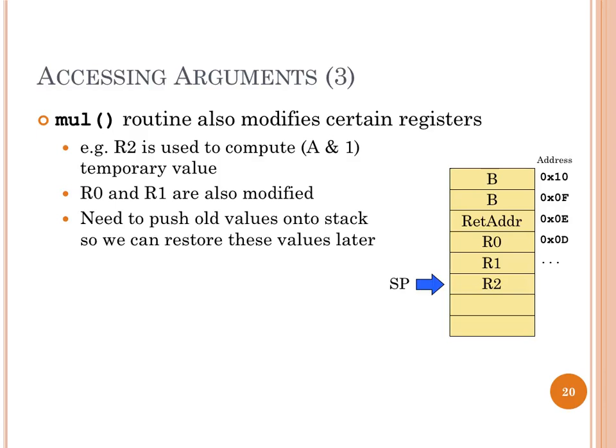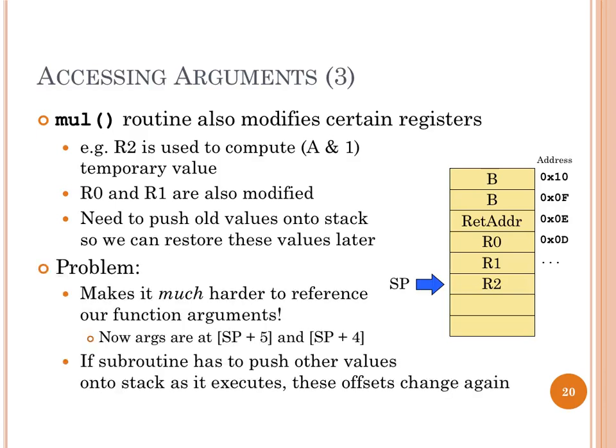SP plus 0 is our R2 that we saved. SP plus 3 is the return address all of a sudden. SP plus 4 is one of our arguments, and SP plus 5 is the other argument. Okay? So now we're annoyed. Now life just got a little bit more complicated and a little less enjoyable. We're going to spend a little bit more time at work.